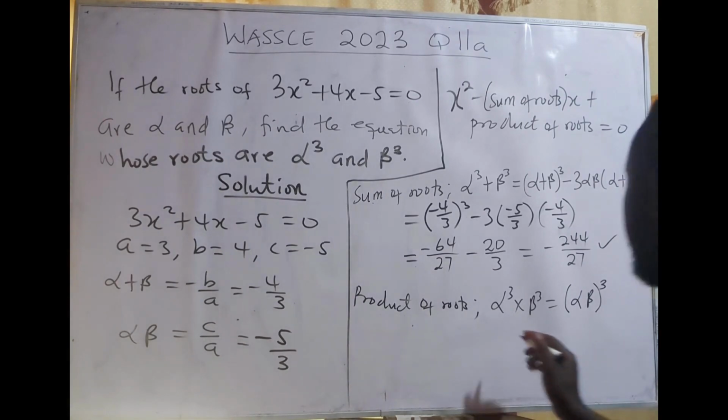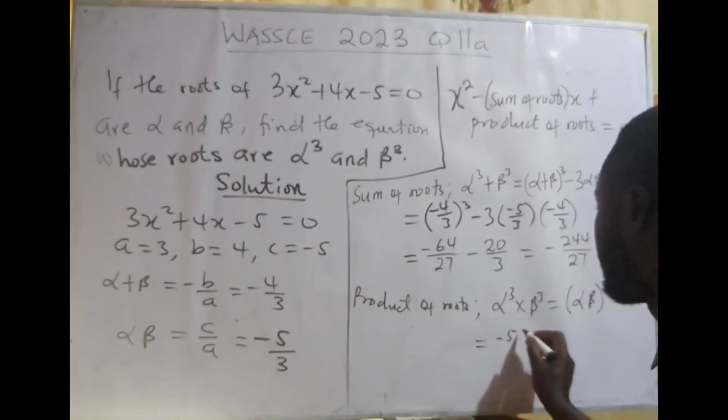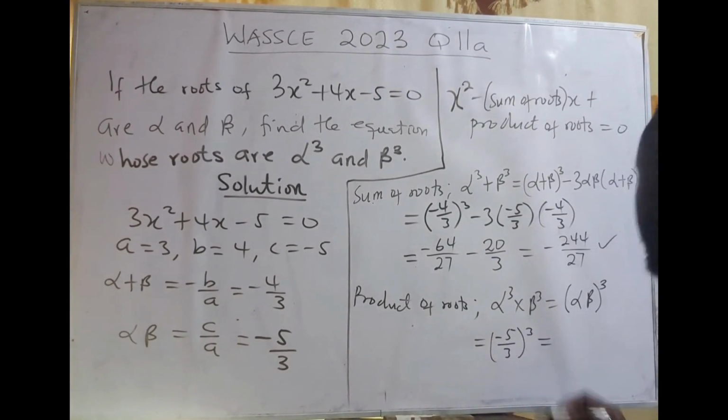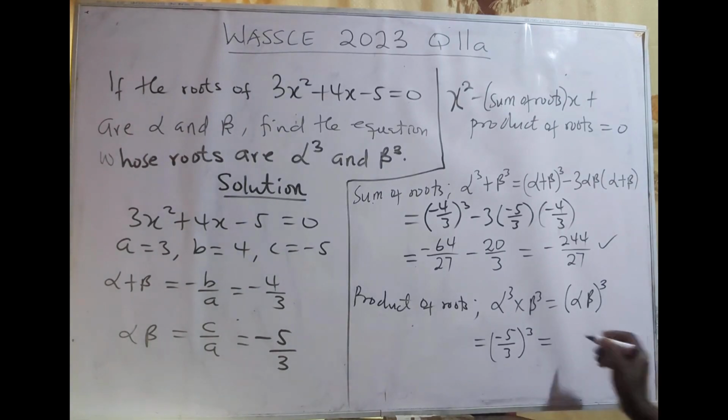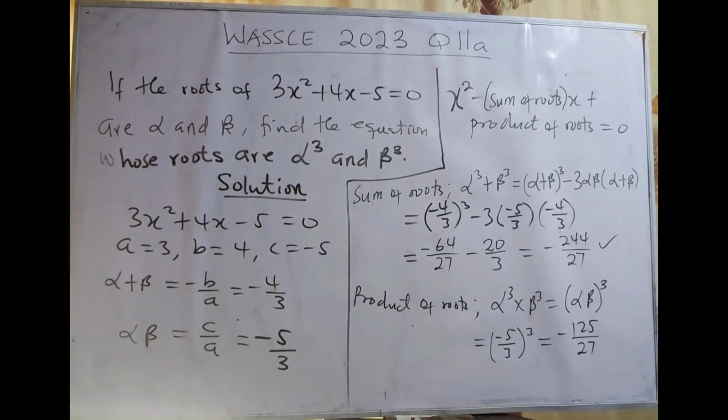And what is our alpha beta? Alpha beta is negative 5 on 3 all cubed. So negative 5 cubed will give me minus 125 divided by 27. Okay, so this is also the product of the roots.